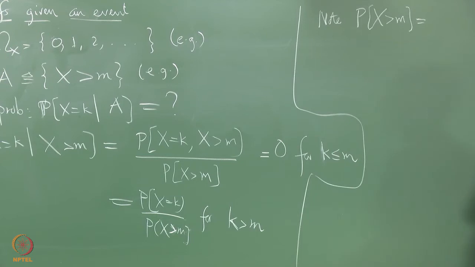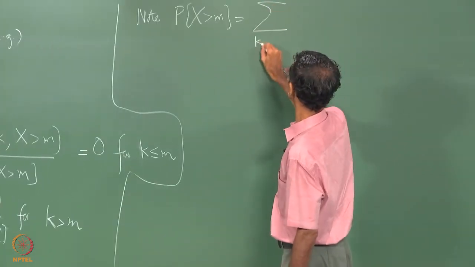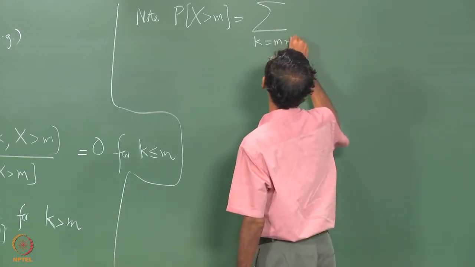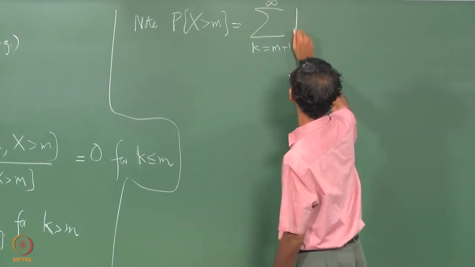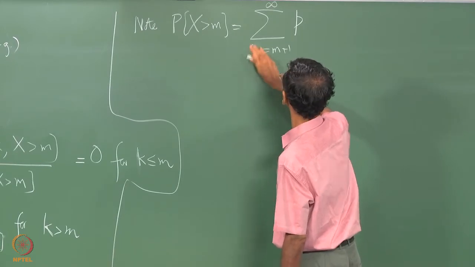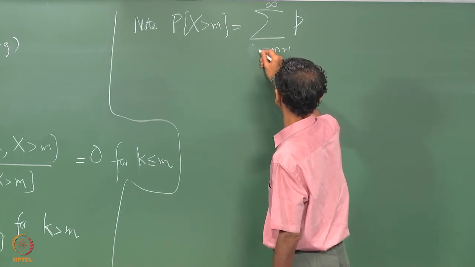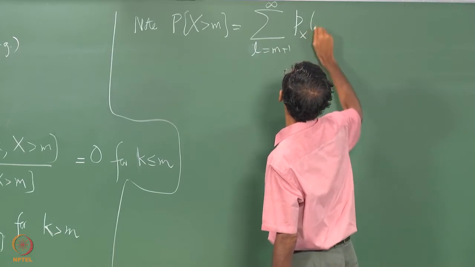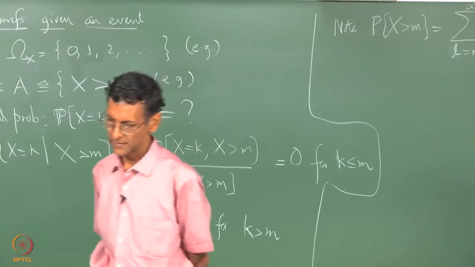In terms of the PMF, it is the summation from m plus 1 up to infinity of Px of, let me not use k here, I am going to use some other dummy variable of summation, say l, or I, anything.